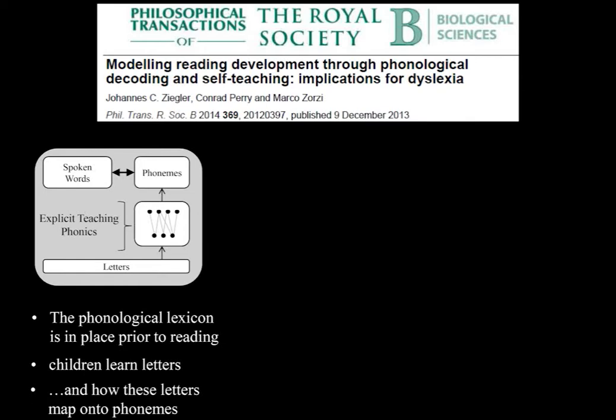It says that at the heart of reading acquisition is phonological decoding. A child learns very few, very basic, elementary grapheme-phoneme correspondences. Decoding allows a child to access words in the phonological lexicon that are there prior to reading.